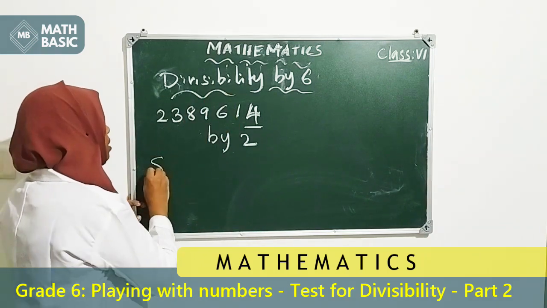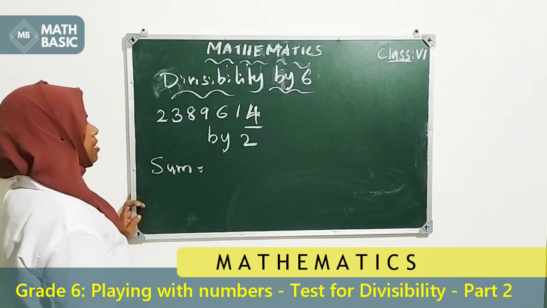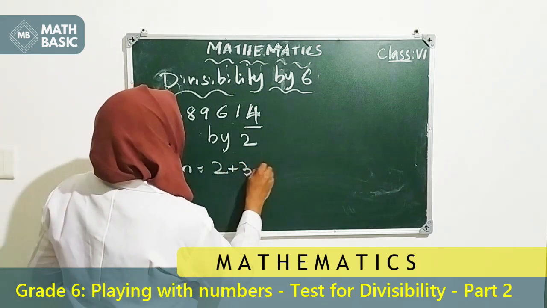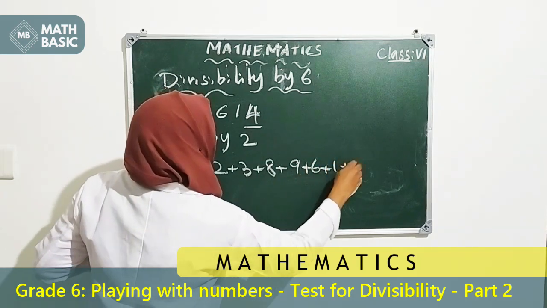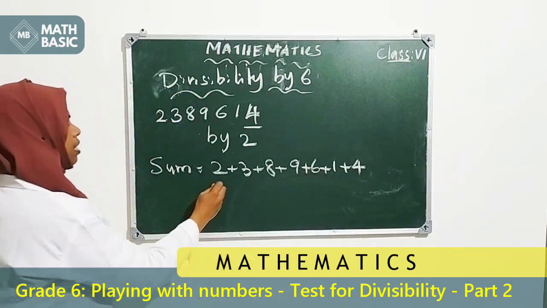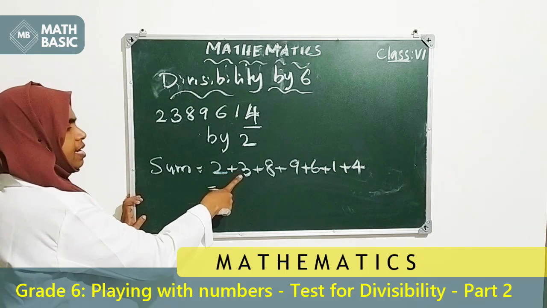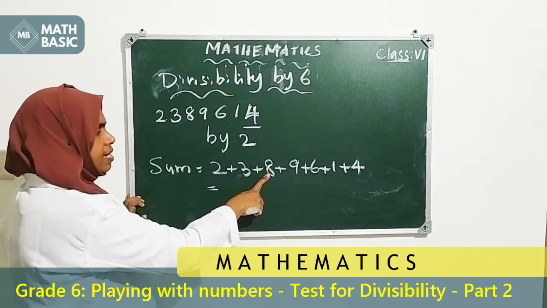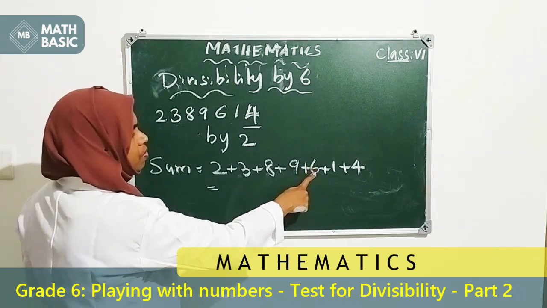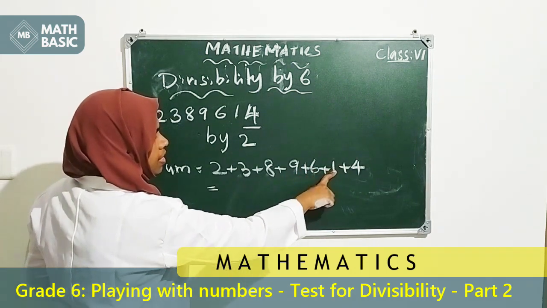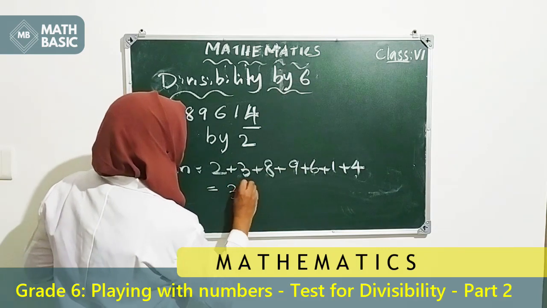How can we do it? Sum of the digits: 2 plus 3 plus 8 plus 9 plus 6 plus 1 plus 4. 2 plus 3 is 5, 5 plus 8 is 13, 13 plus 9 is 22, then 28, 29, 33.